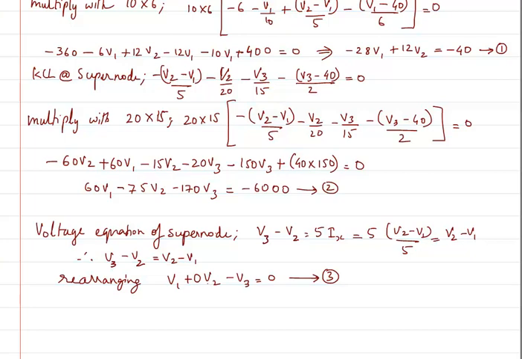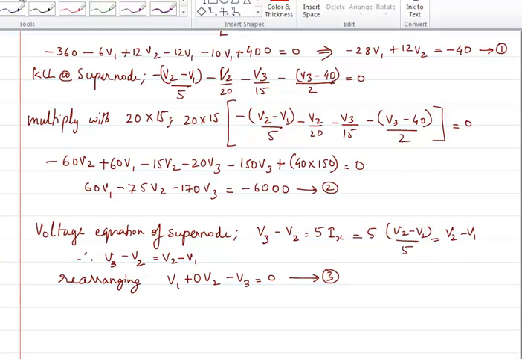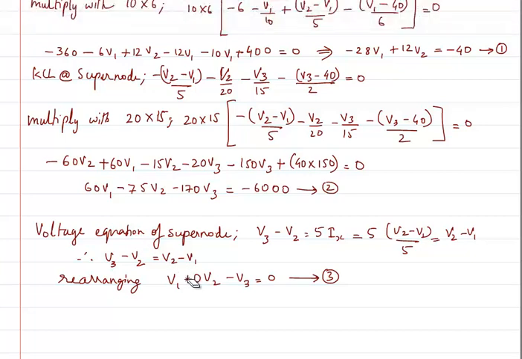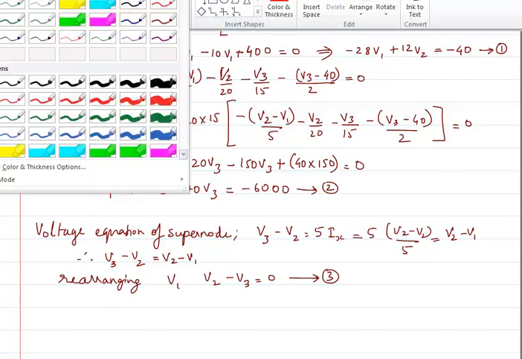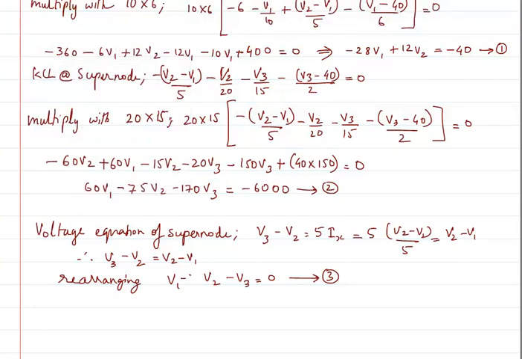Now if I bring V2 the other side, let me clear it, this will become minus 2V2. Okay, so now I should get the correct answer. So let me again try using the calculator. Sorry, before that I have to put a plus here.